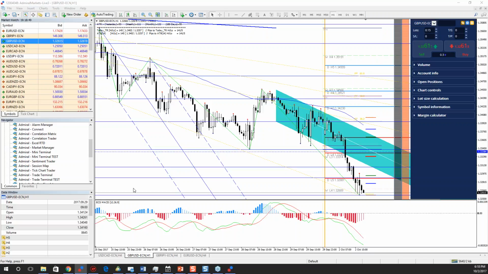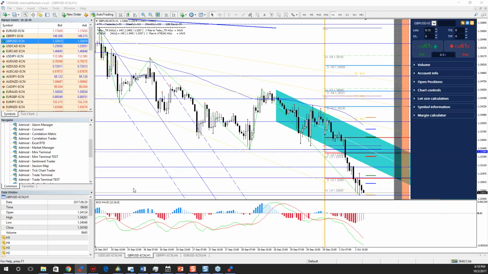So you need to wait. We definitely, I mean, not you, but we need to wait and see if the price will make a pullback. If it makes a pullback, then I would go short, yes.